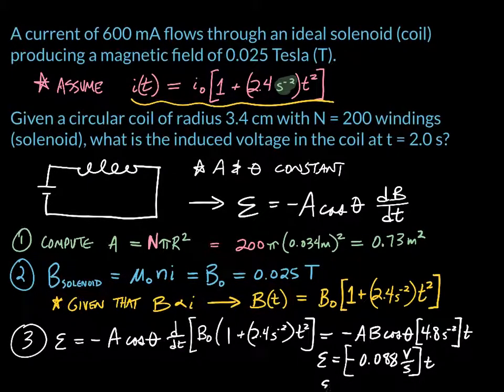And so the E of 2 will give me a negative 0.18 volts. So at 2 seconds, which is what the question asked, what will be the induced voltage in the coil when t is 2 seconds? 2 seconds later. Okay? And that's what it's going to be, 0.18 volts.